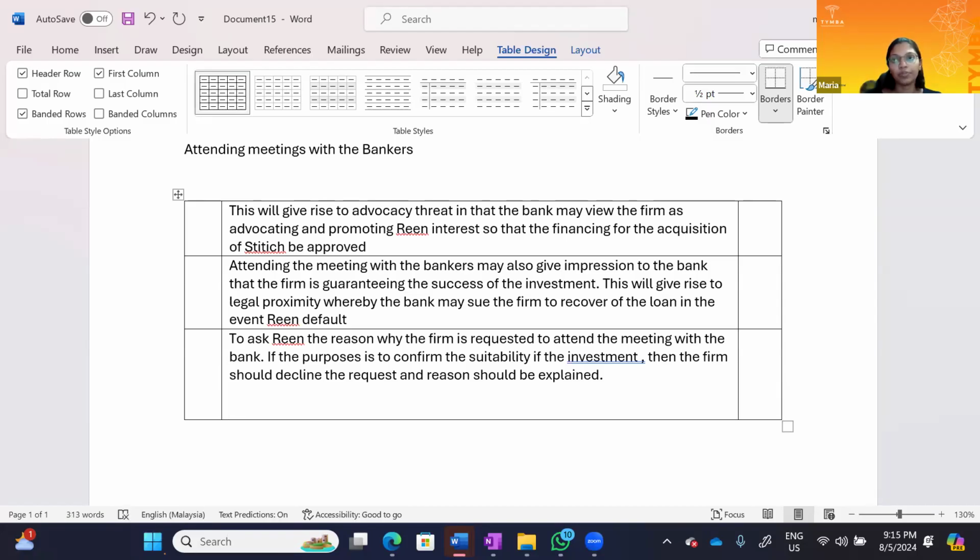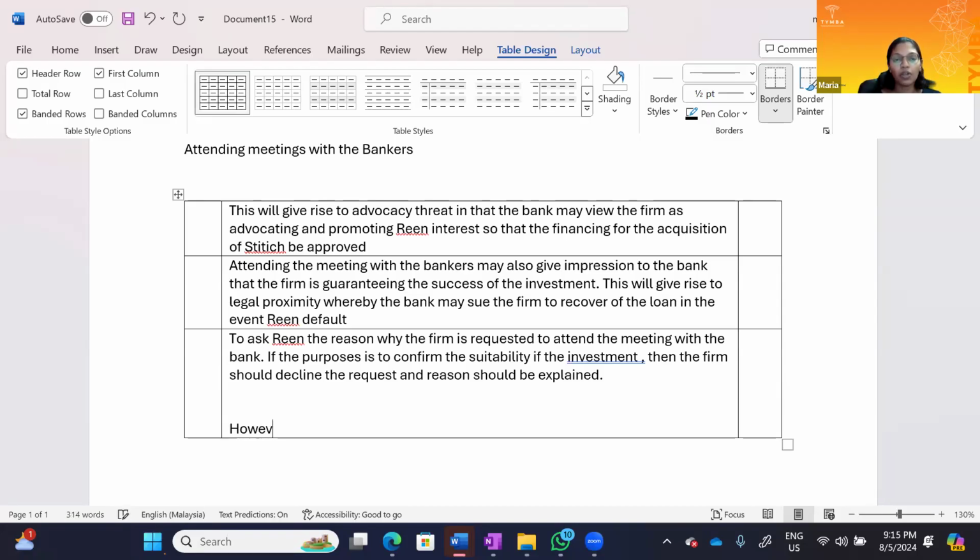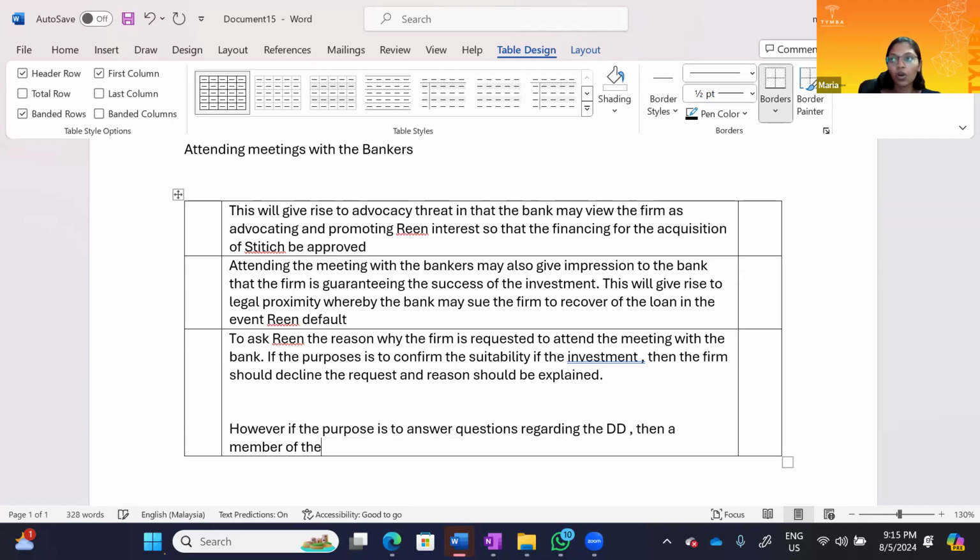Second, if however the purpose is to answer questions regarding the due diligence, then a member of the due diligence team will be allowed to attend the meeting.